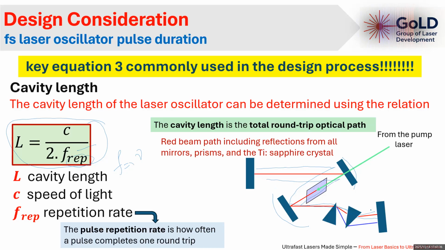It passes through the crystal, the prisms, etc. Apply this formula with the speed of light and the repetition rate you want: after how long does the pulse appear? If this is a pulse here, this width will be the pulse duration, and this difference will be the repetition rate, expressed in the form of frequency, so 1 over T.